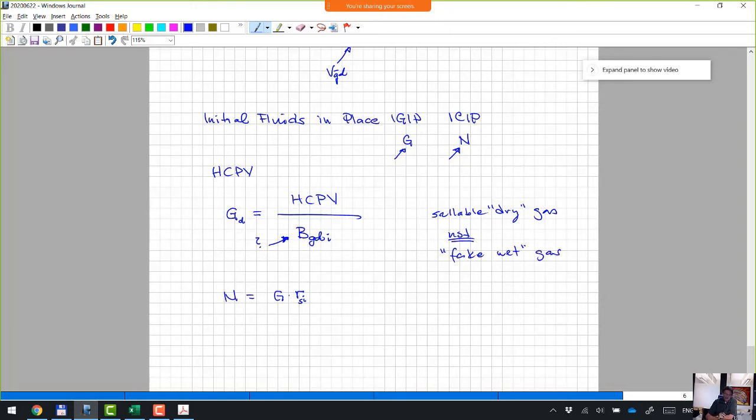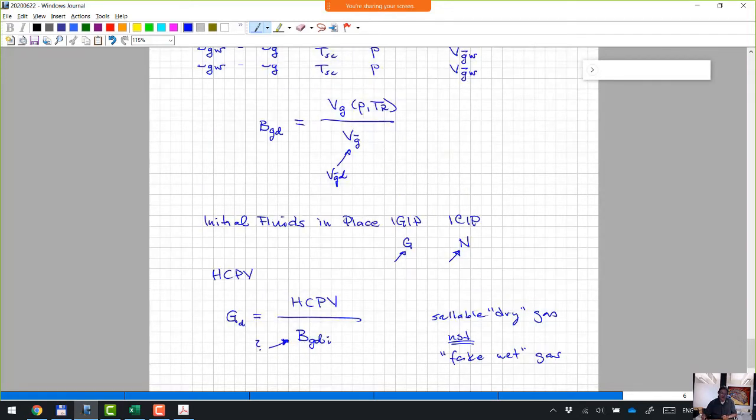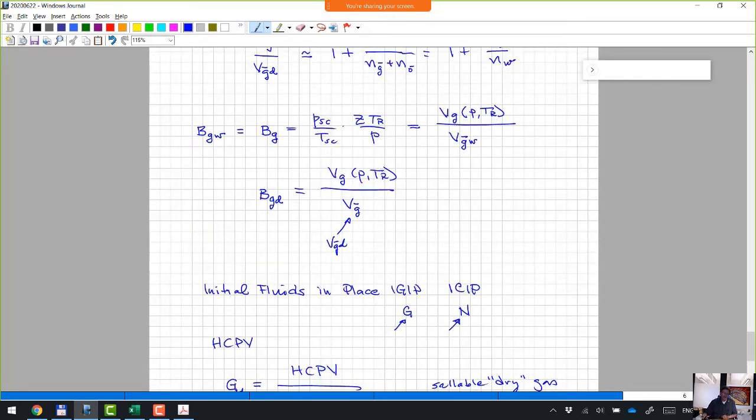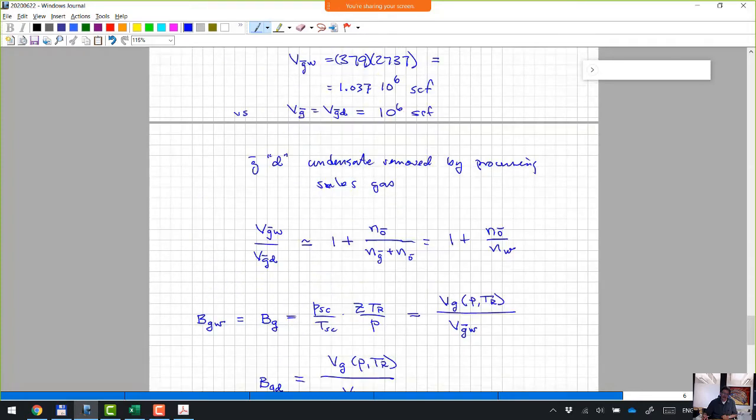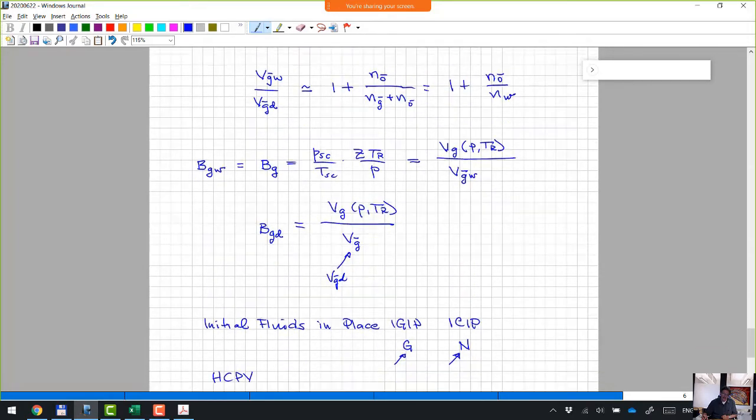But with the equations you have in the book for BG, you have the initial Z factor, you put it into this equation here. When you put in Z at initial pressure, you don't get the right BG.